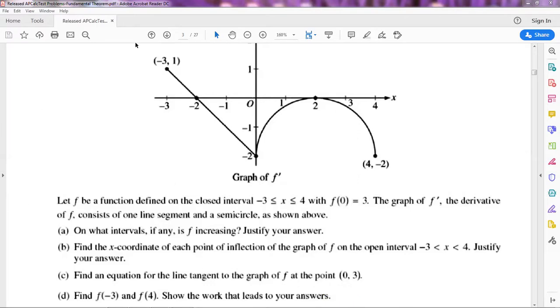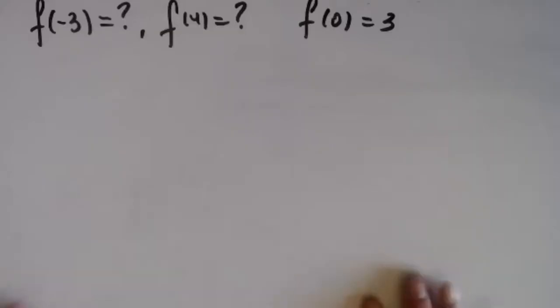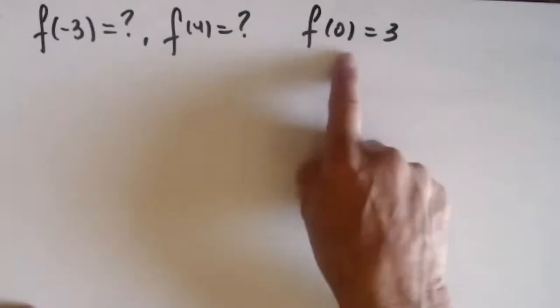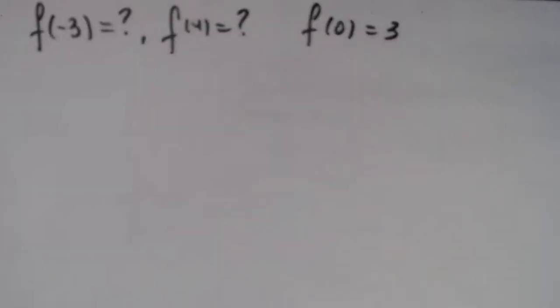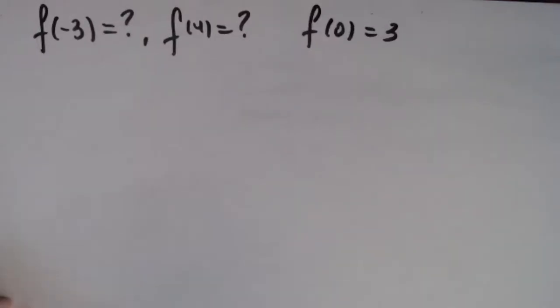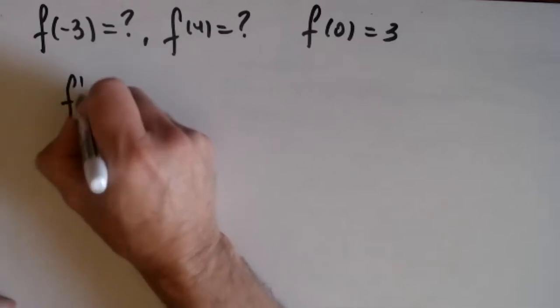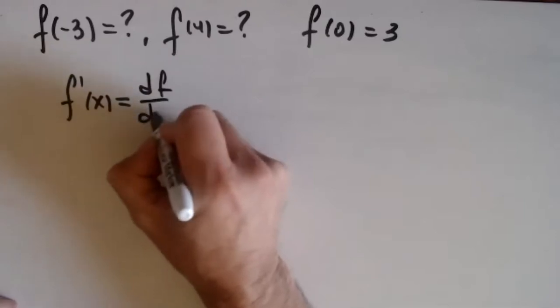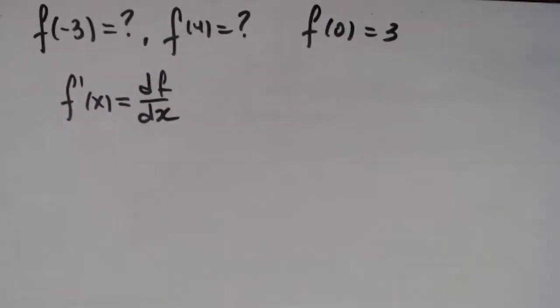Let me just stop sharing. So this is what you have to solve: f(-3), f(4), and the only thing you know is this one. Well, remember what f prime is. f prime of x is the derivative of f with respect to x. So this is the definition of f prime, correct?